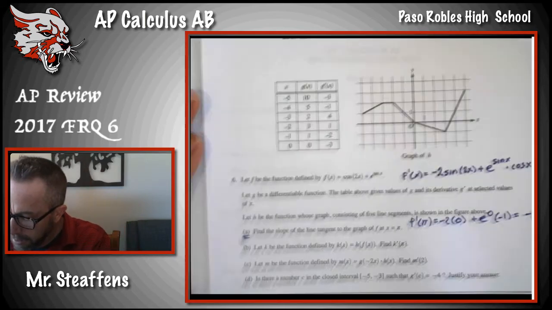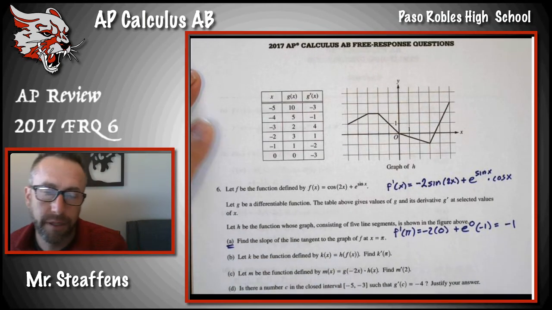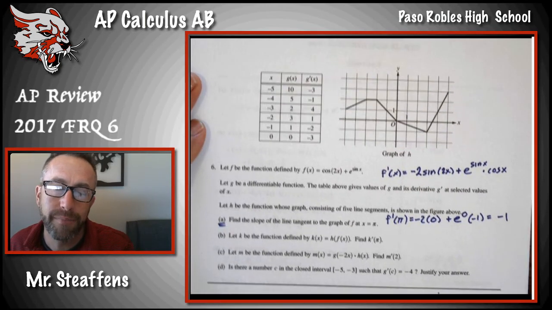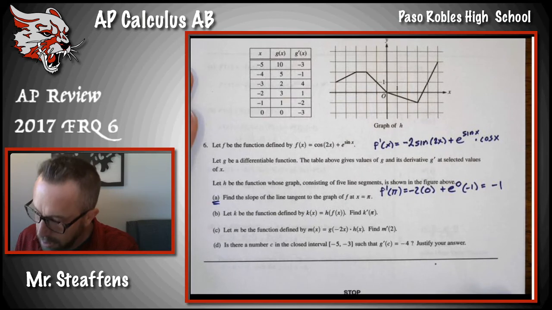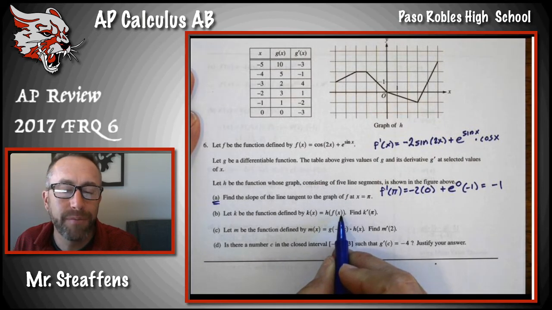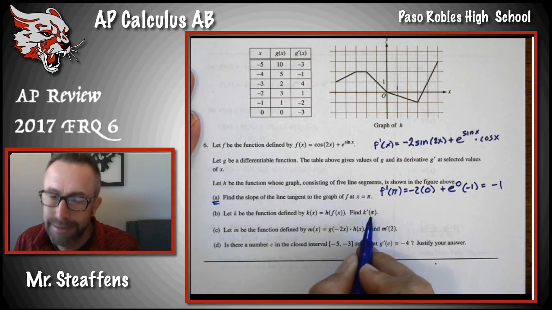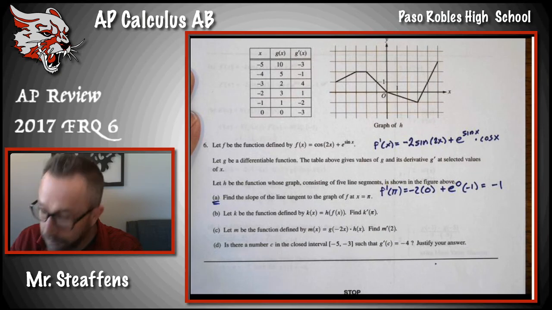All right, part 2. Wasn't too bad. Part 2 says, hey, let's do the same thing with k. You're like, there's no k. I know, because k is going to be a composition of 2 functions. K is h of f of x, which means I'm going to have to be finding f prime of x again, except look at where it's at. It's at pi. We already found that it was negative 1.